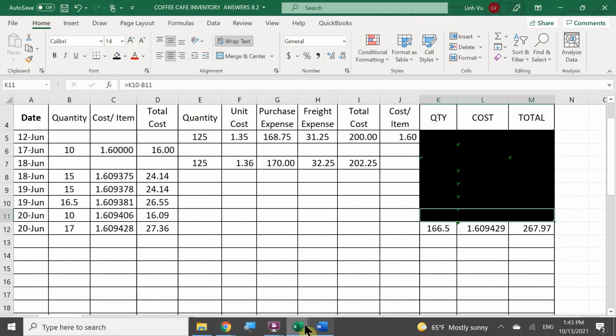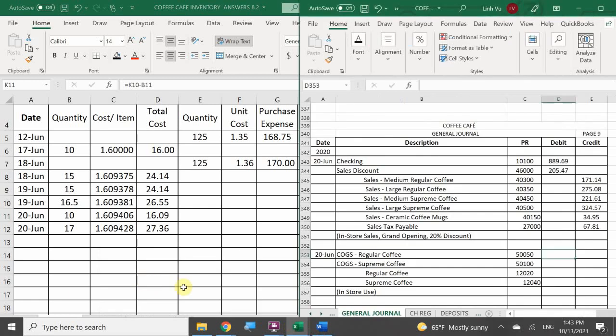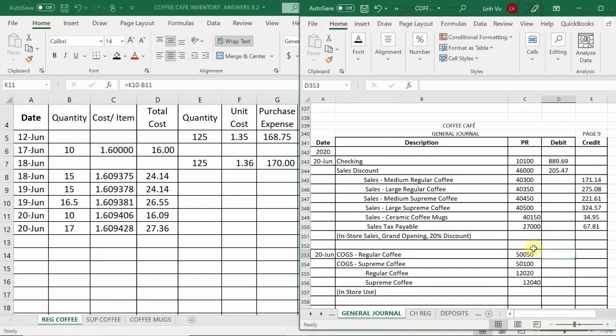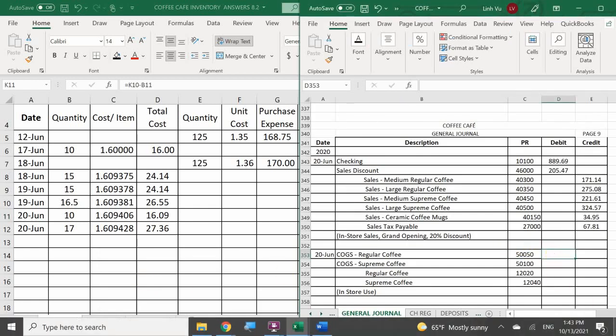The cost of goods sold of regular coffee is 27.36. And the cost of goods sold of Supreme coffee is 31.50, right?